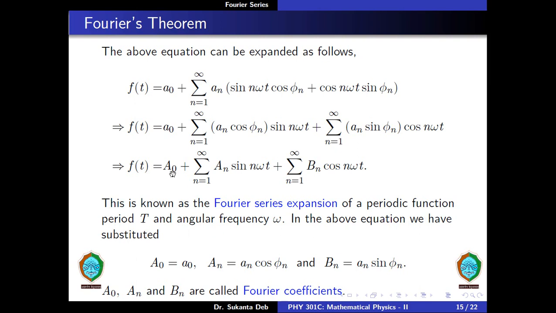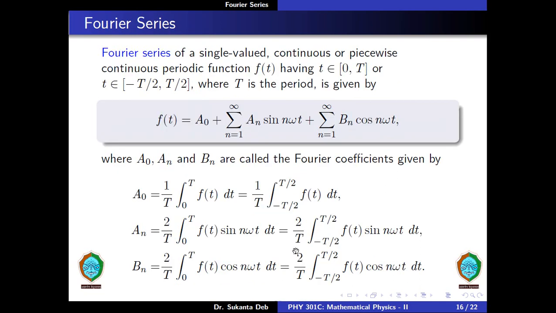Now in the above equation we have substituted capital A naught is equal to small a naught, capital An is equal to small an cos of phi n, and capital Bn is equal to small an into sine of phi n. And this a naught, an and bn are called the Fourier coefficients.